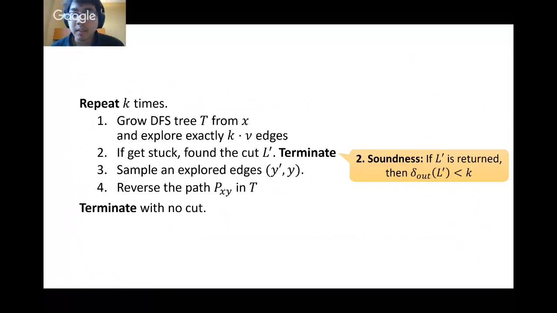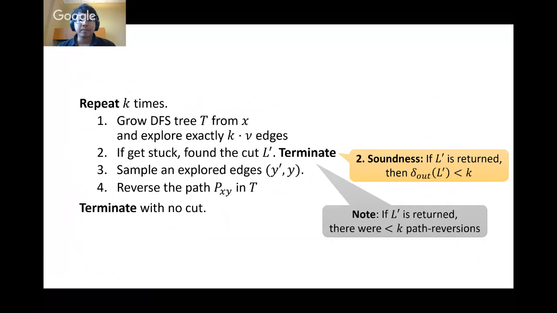That is, the cut we return should have small cut size. Just one observation first. If L prime is returned, observe that there were less than k path reversions before we return L prime. Why?